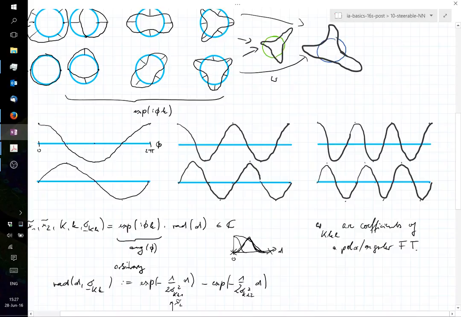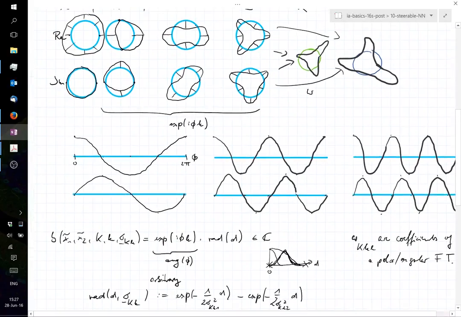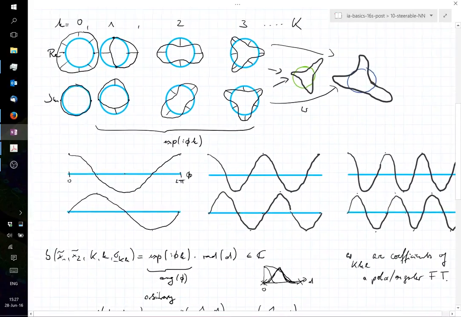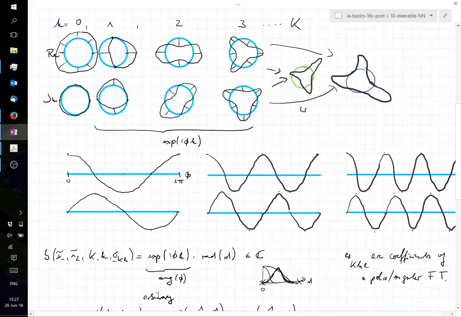If I know that my signal is real, then I know that one of the coefficients is going to be 0, namely that one. The imaginary part of the 0 frequency is 0 if the signal is real. You can think of it by just looking at the basis function, or you can think of it in terms of the symmetries of the Fourier transform that we discussed.